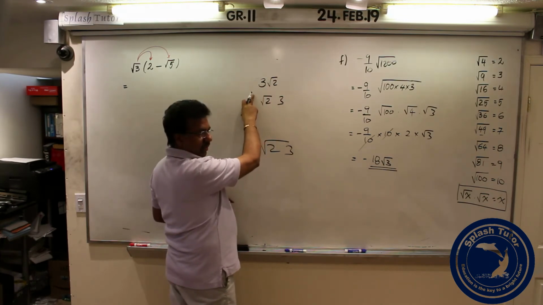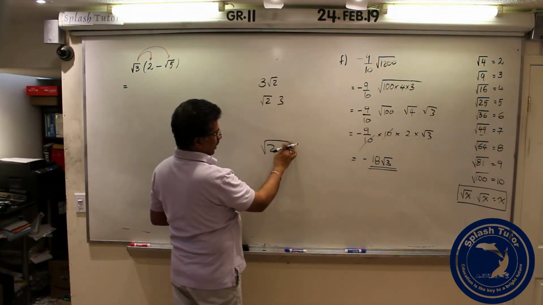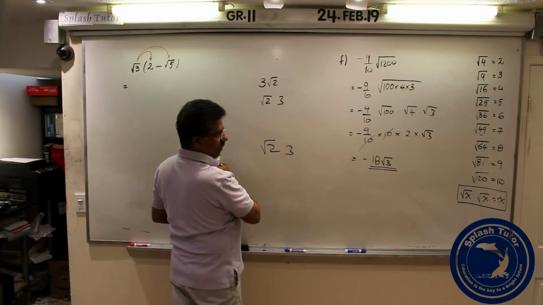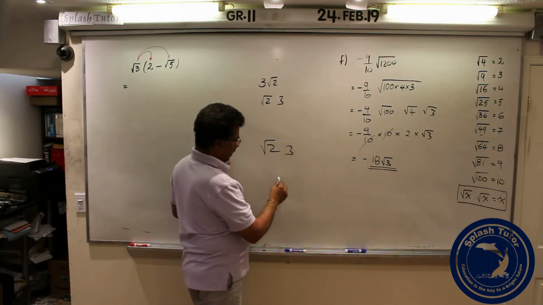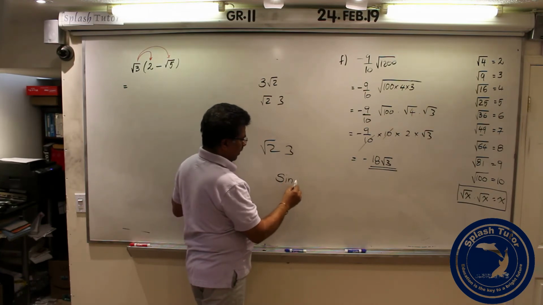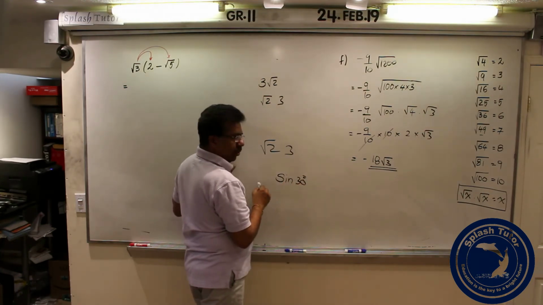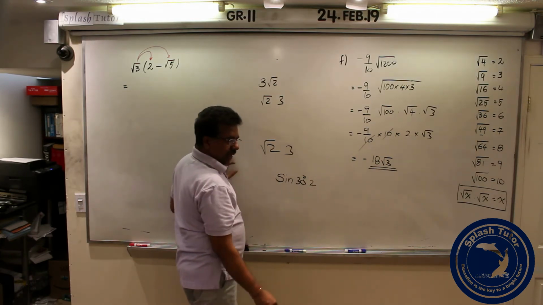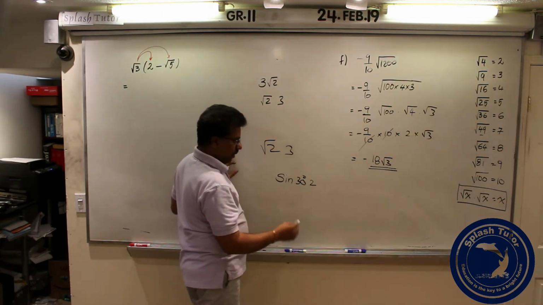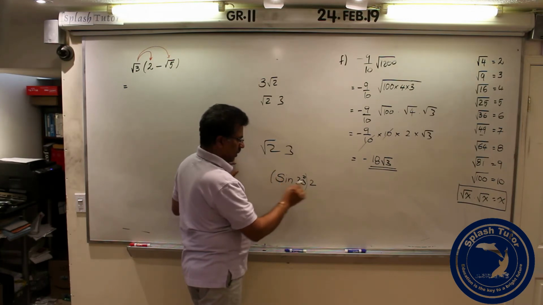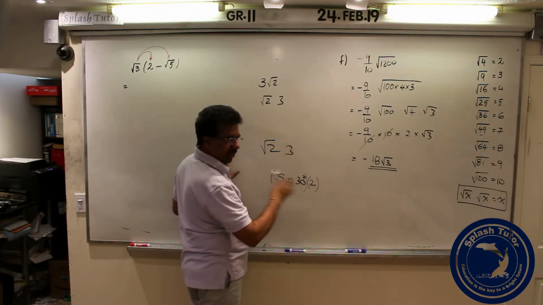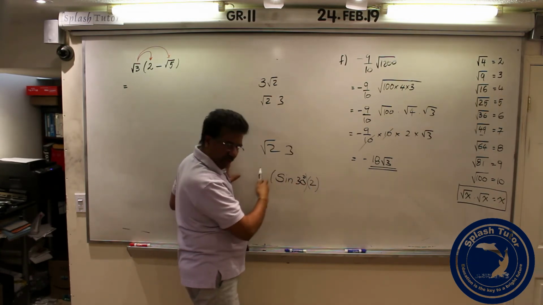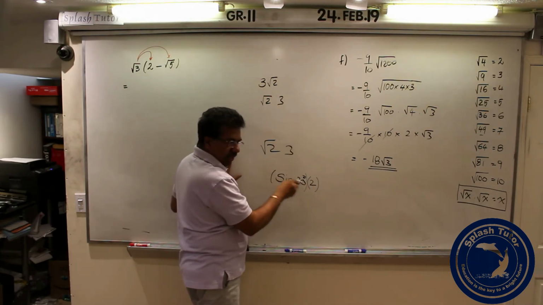Write 3 first, then the radical. Same thing, we don't write sine 30 degrees with the 2 after it. 2 sine 30 degrees, we write the 2 in the front, not here. If you want to write it that way, you have to do it differently. That's the mathematical convention we decided, so that we don't confuse the 2 with this 30.